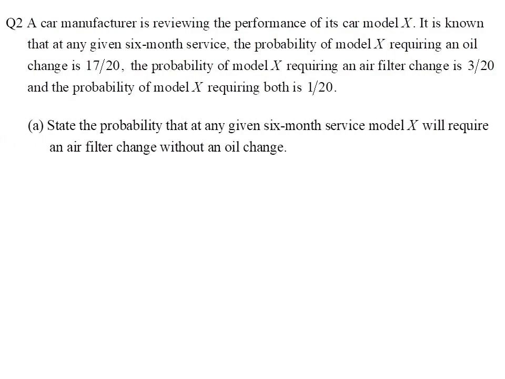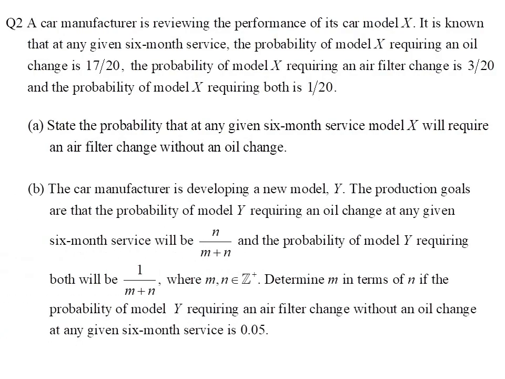There are two parts in this question, and part A is to state the probability it requires an air filter change without an oil change. Part B of this question is based on a new model.